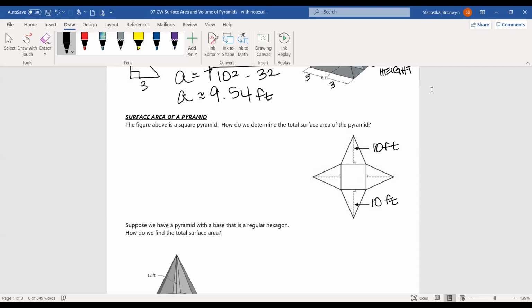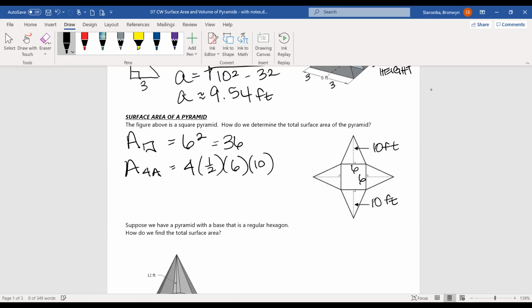So here we go. Side length of the square is 6, so area of the square is 6 squared, or 36. And we have 1, 2, 3, 4 congruent triangles. So the area of 4 triangles is 4 times 1/2 base of 6 and our height of 10.